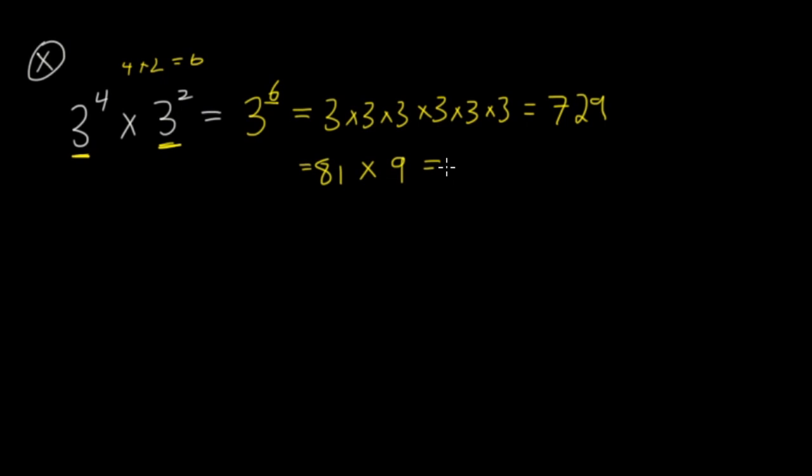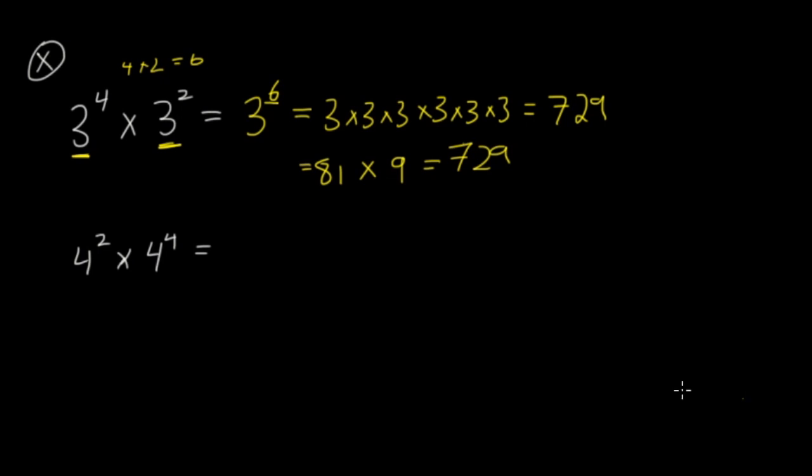Plug it again, 81 times 9 gives me 729. So now we know that for sure this law works. Okay, let's do another example. What if we had 4 to the power of 2 times 4 to the power of 4?